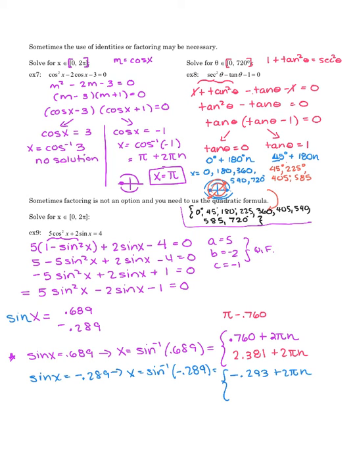And then we want our other answer, which is going to be pi minus negative 0.293. And so pi minus the answer gives you 3.435 plus 2 pi n.